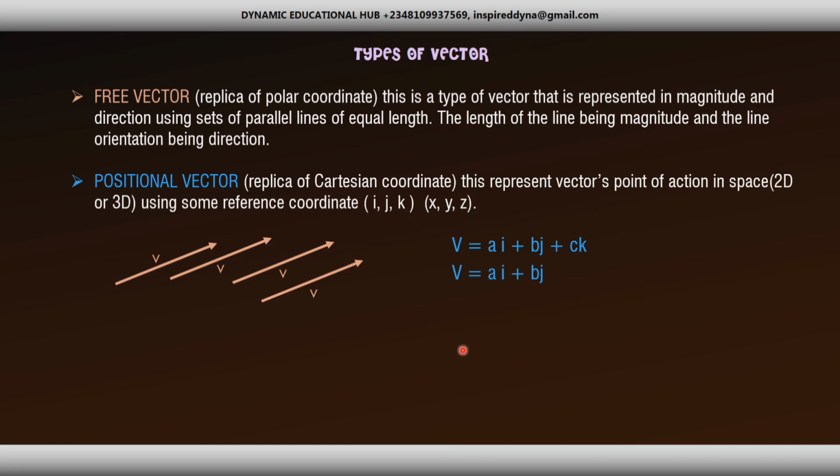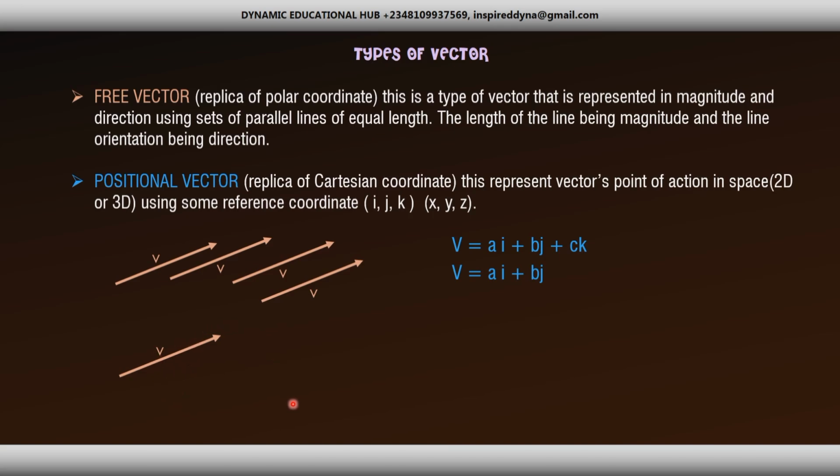Now let's learn the free vector. Let's look at this diagram here. This is v. If you observe it closely, it has a starting point here and an ending point here. At the ending point, we have an arrowhead. So the length represents the magnitude, and the orientation represents the direction.